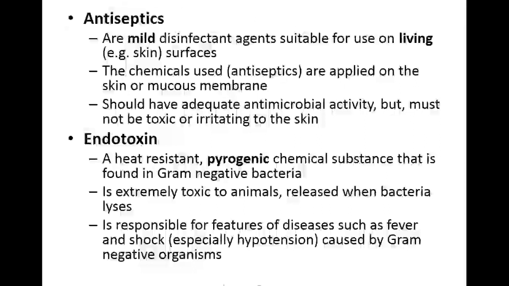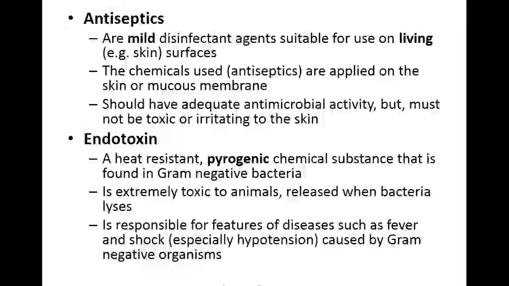And that's endotoxins: heat resistant pyrogenic chemical substance that is found in gram-negative bacteria, is extremely toxic to animals, released when bacteria rupture, and is responsible for features of disease such as fever and shock, especially hypertension caused by gram-negative organisms.